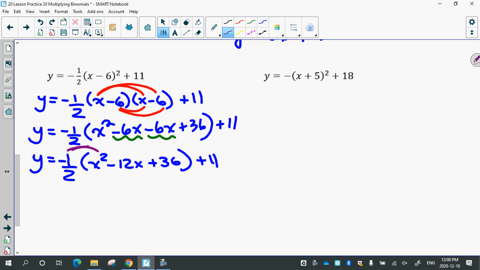Then you multiply each thing in the brackets only by negative 1/2. If you're typing it in your calculator, you could do negative 0.5 times negative 12 if that helps you.